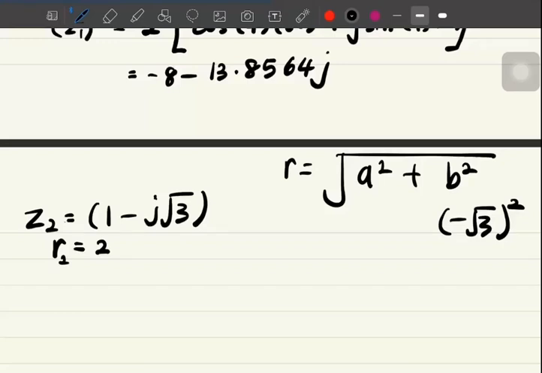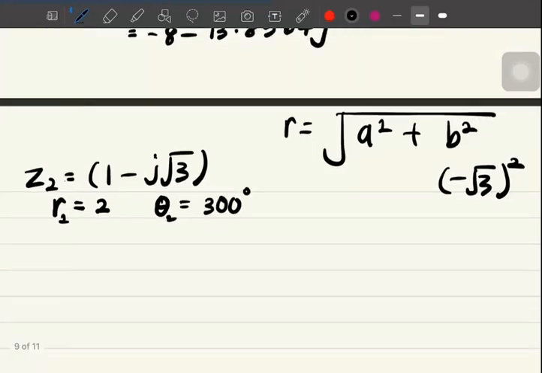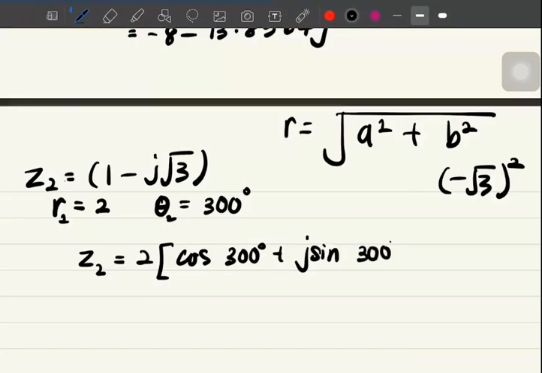Kan? So if you find your theta, so your theta is equals to 300. Dapat tak nilai theta ni? So kalau kita tulis dalam bentuk polar form, you should have 2 cos 300 plus j sin 300.